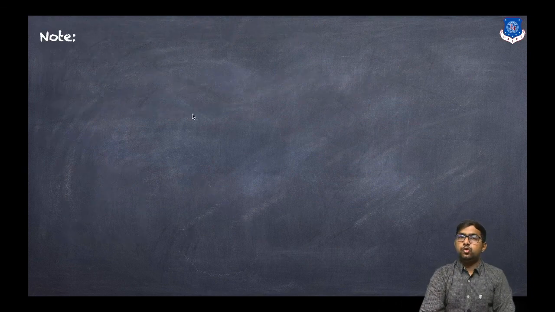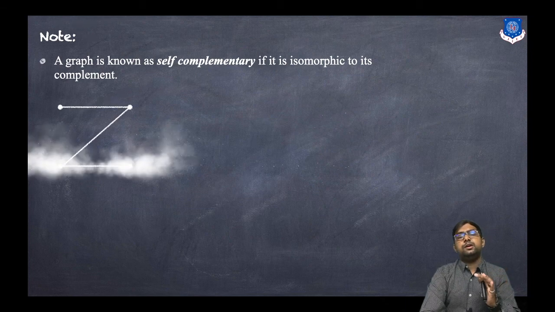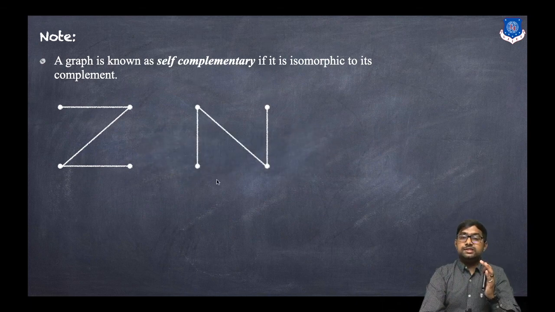Now note, a graph is known as a self-complementary graph if it is isomorphic to its complement. We have already done what isomorphic means. Let us consider this graph. What will be its complement? We have covered all the vertices. Now these two are not adjacent, so they will be adjacent here.